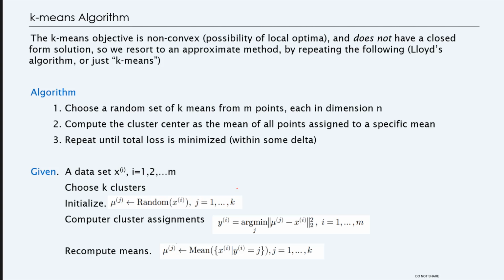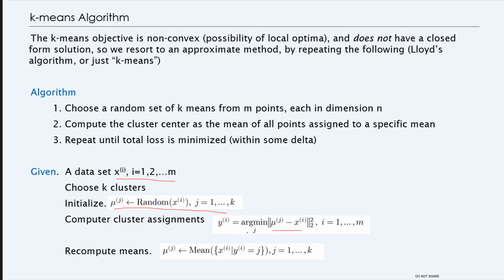Now here's the k-means algorithm. We start with m data points, each with, say, dimension n. We randomly pick k clusters. That requires k work. Then we find the distance from each of the clusters to each of the points. And that will require k times m work.